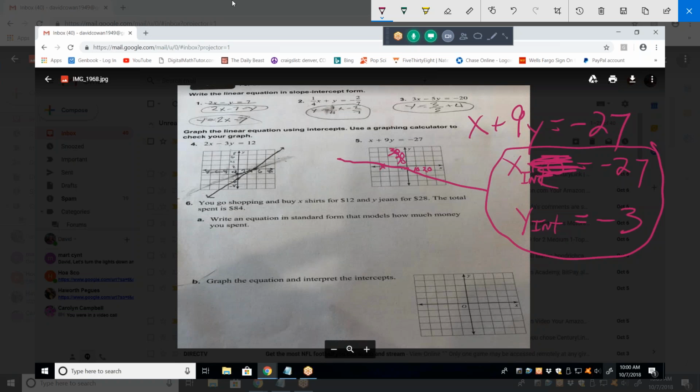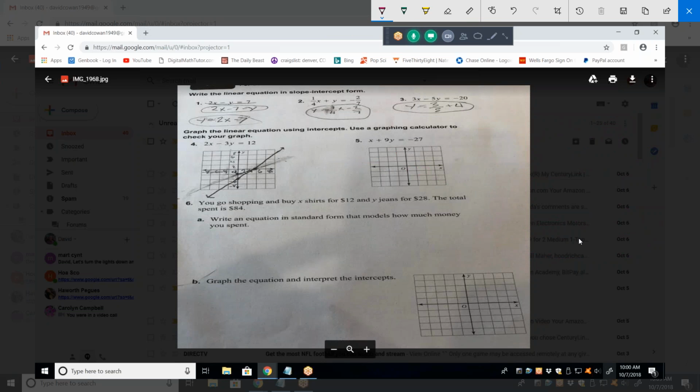Okay. All right. Let's take a look at this word problem. Everybody hates word problems, correct? Well, what if I told you they were the easiest problems there are?